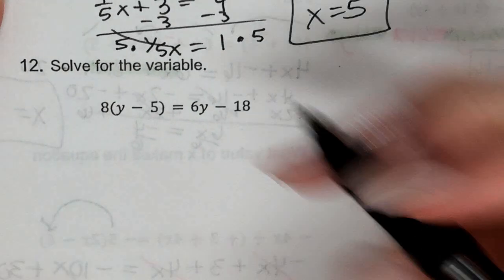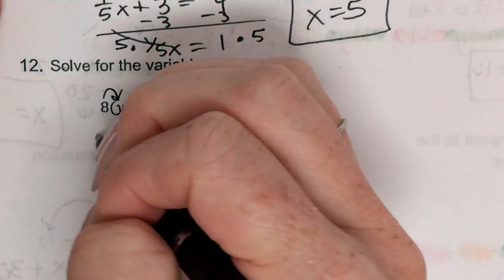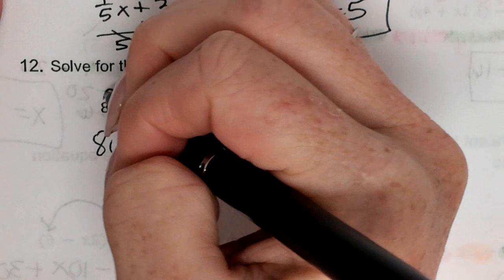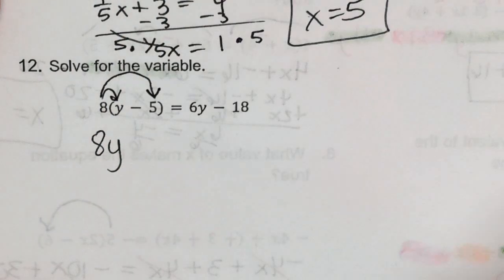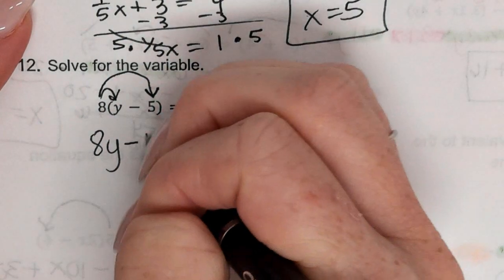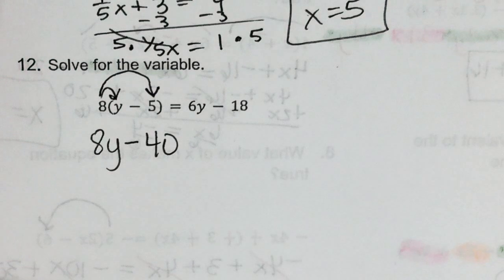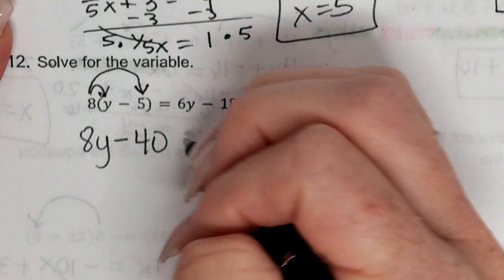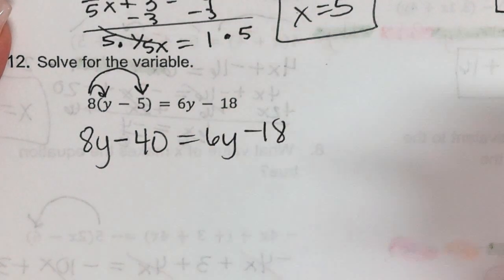All right, let's go back and do equation number 12. What do I have to do first? So 8 times y is 8y. 8 times negative 5 is minus 40. Are y'all okay with that? If you need to, put plus negative. Equals 6y minus 18.